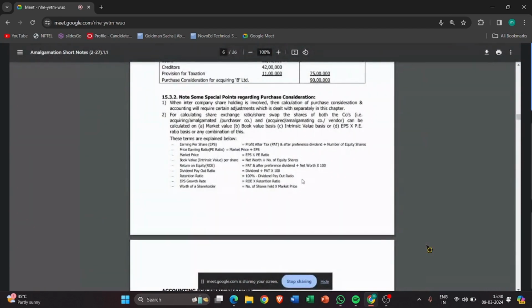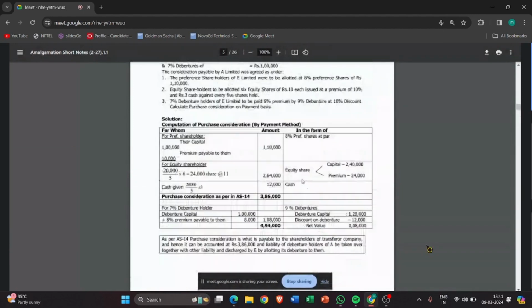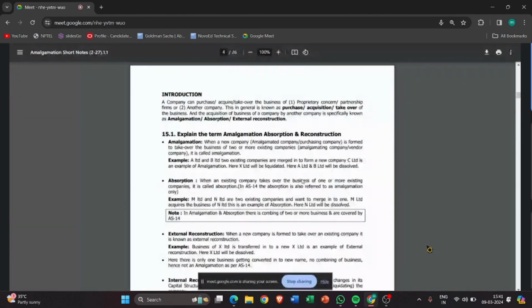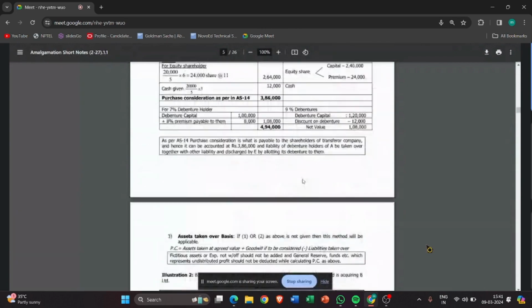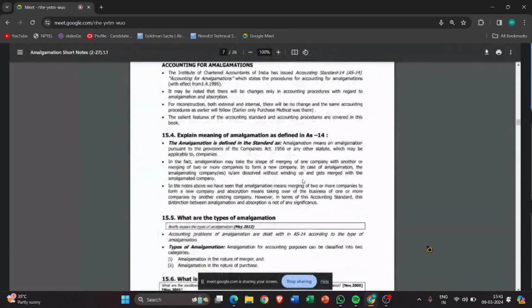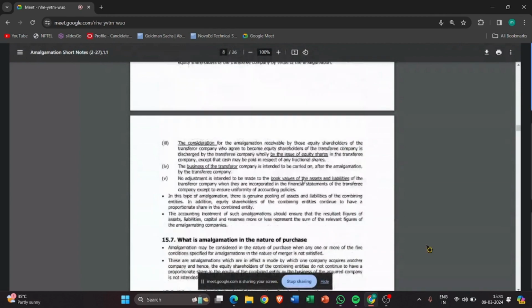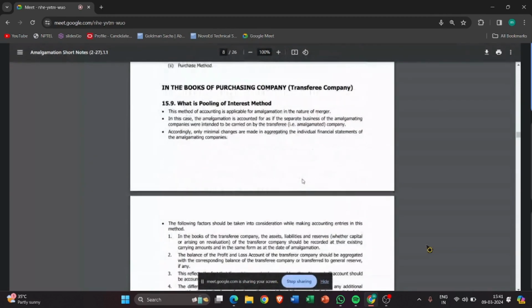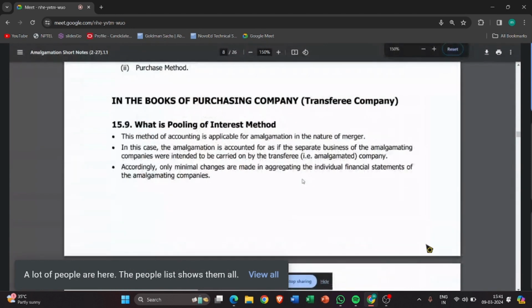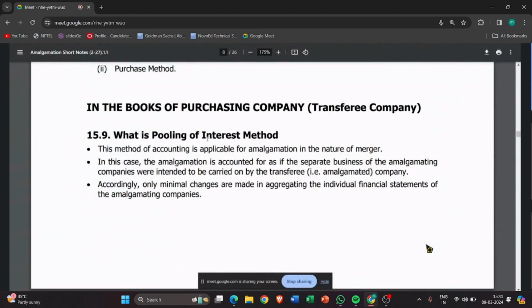In the books of transferee company, as you can see, merger is called as pooling of interest method. Right? So the transferee company calls it as not amalgamation in the nature of merger, but it calls it as pooling of interest method. This method is applicable only when it is amalgamation in the nature of merger itself.